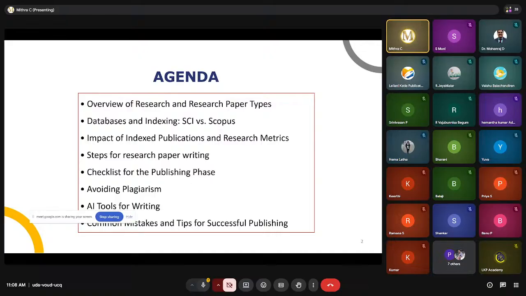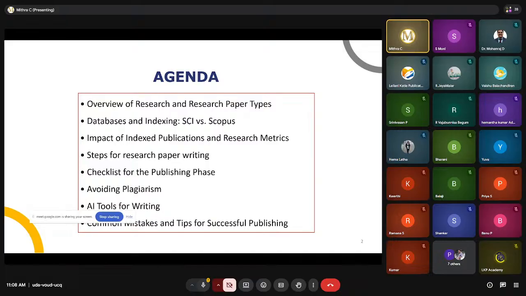Followed by that, we are going to explain the importance of databases, like what is the SCI database and what is the Scopus database, and explain the difference between their coverage, their significance, and their impact. Let me also emphasize the value of indexed publications, and explain some research metrics as well, like what is H index, impact factor, and citations.